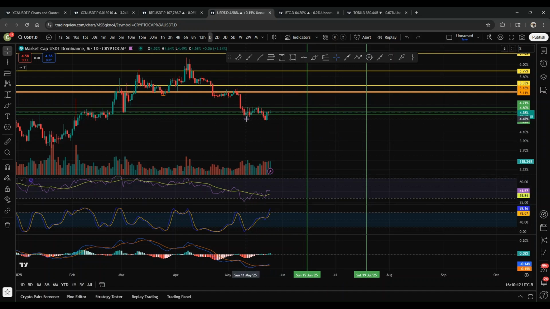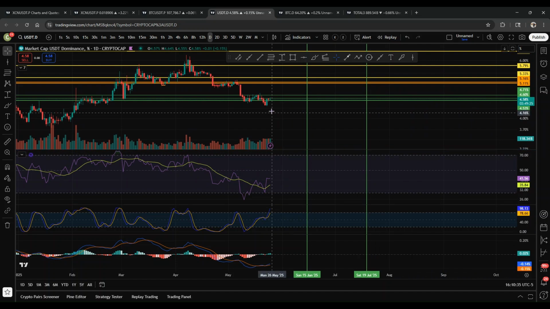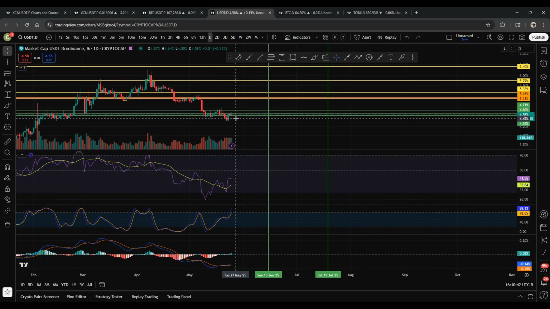So we can see this was the 1 point, 2 point, 3 point. So most likely we can make another high right over here towards around 4.95. But we have to see what's going on. But most likely, yes, sooner or later we are going to be getting a move towards the upside on the USDT dominance. I repeat, when USDT dominance is gonna go up, market is gonna go red.